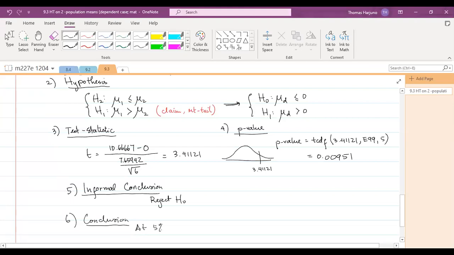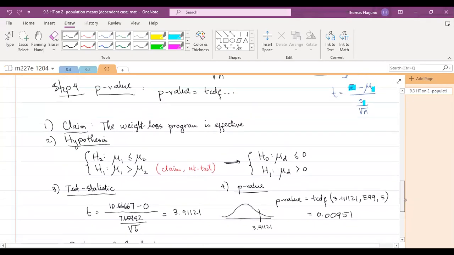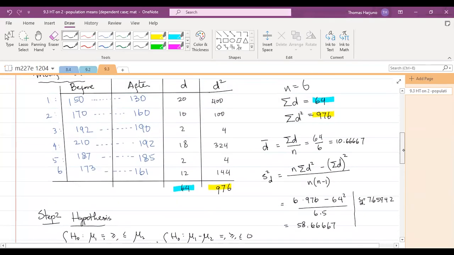At the 5% significance level, there is sufficient evidence to support the claim that the weight loss program is effective. Okay, so this is the detail, but as you can see, a lot of work actually is done here.